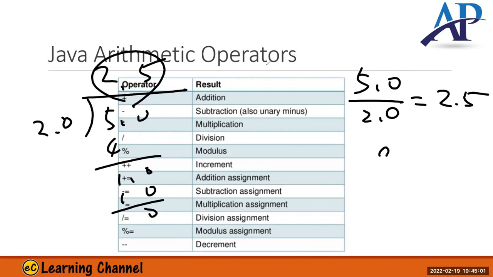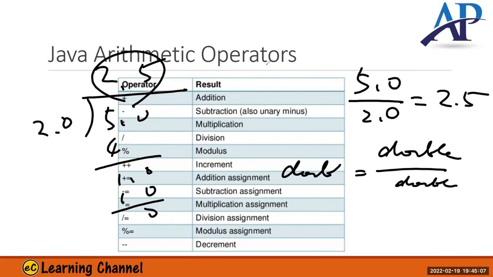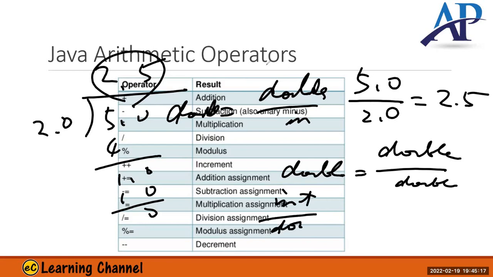So double divided by double, you get double. Double divided by integer, you get double. Integer divided by double, you still get double. So if there is an operand that is a double, you get a double.